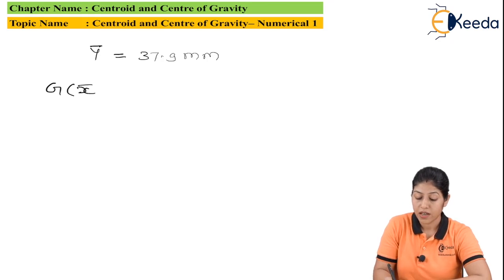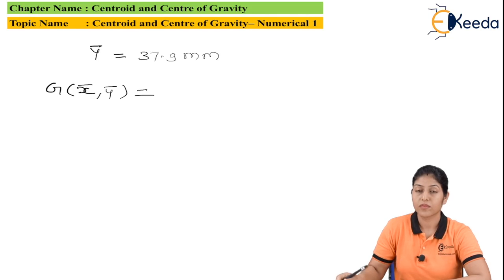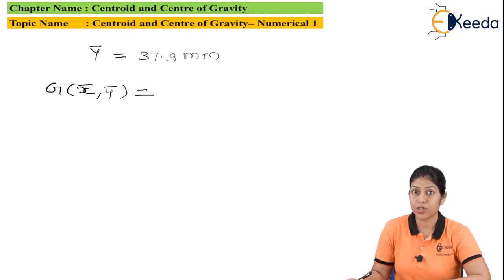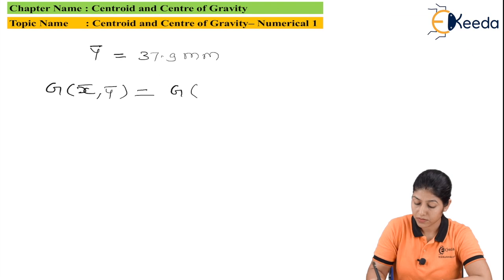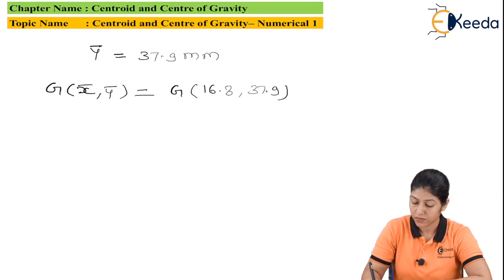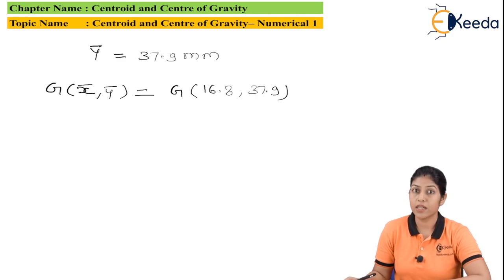So we will locate the position of CG on the basis of these two coordinates X bar and Y bar. So these are the coordinates for the point G. X bar is 16.8 and 37.9 is the Y bar.